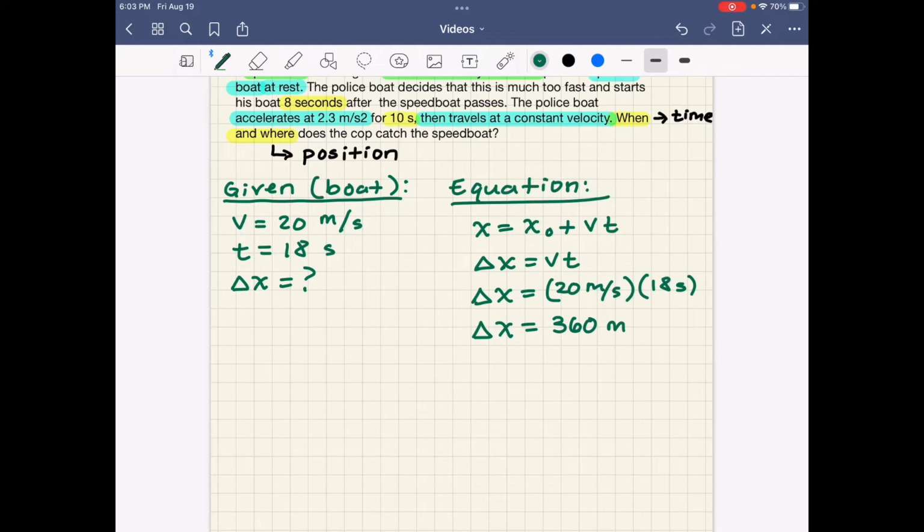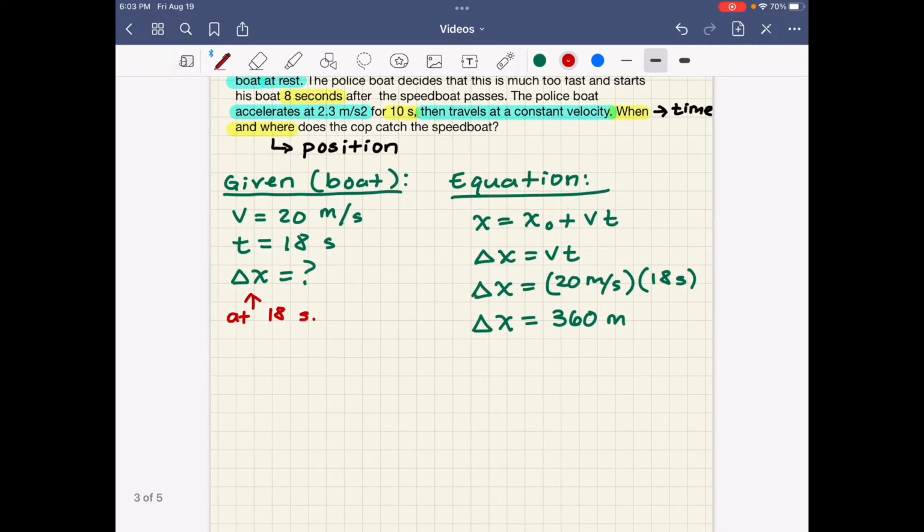So from the point when he was spotted by the police, the police is 360 meters away from that original point, from that starting point, okay? And then don't forget, I'm going to just write down over here, this displacement corresponds, or is at, better said, at 18 seconds. All right.